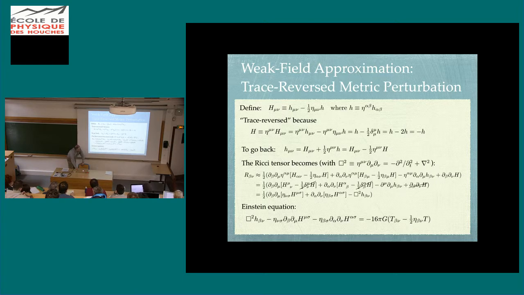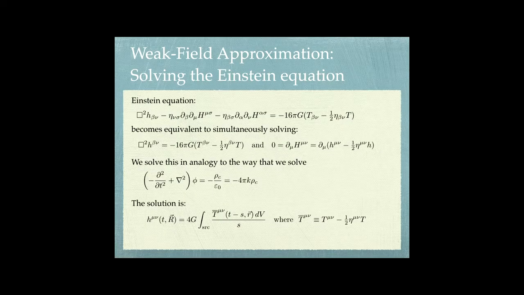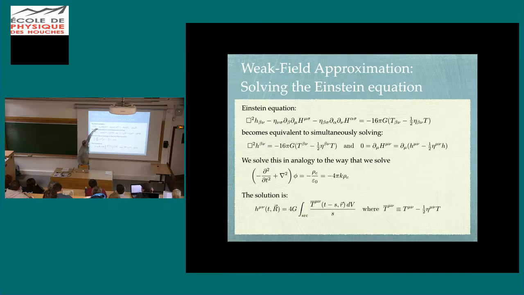Okay. Now it turns out that we have coordinate freedom. So here's my Einstein equation again, and it turns out that I have coordinate freedom to set these capital H's equal to 0. I'm going to talk about that more later, but right now let's just accept that and see where it takes us. So if I can set, no, I'm sorry, I'm not setting the capital H equal to 0.